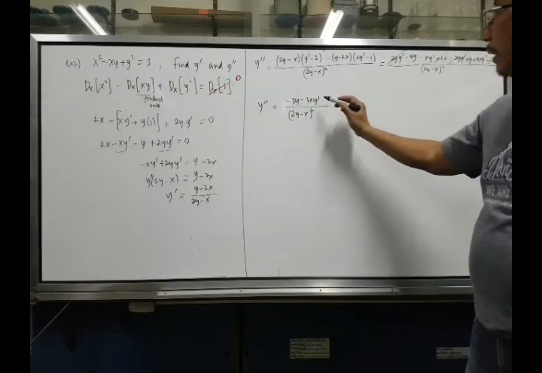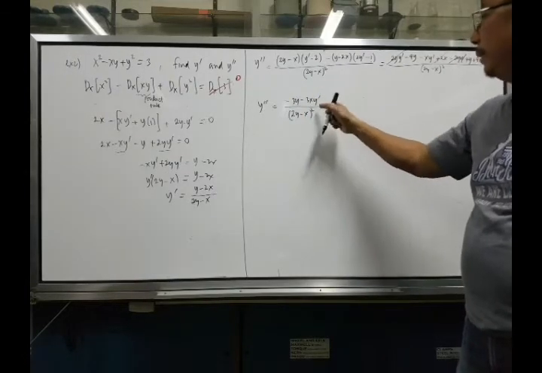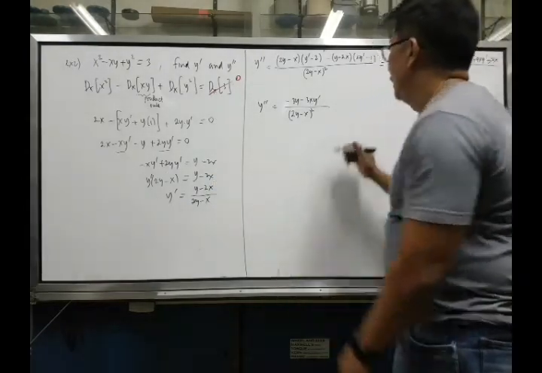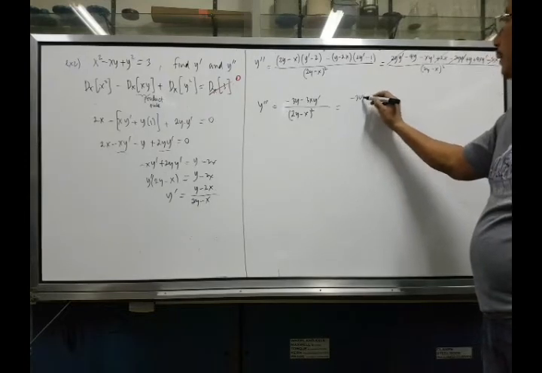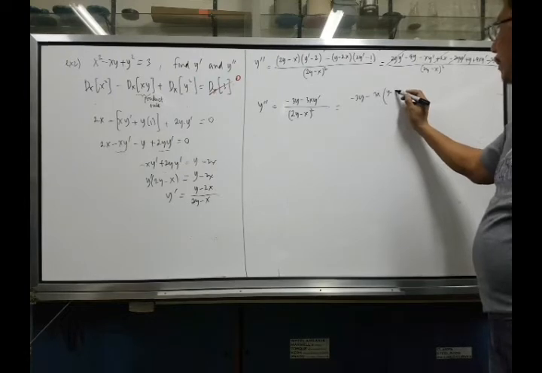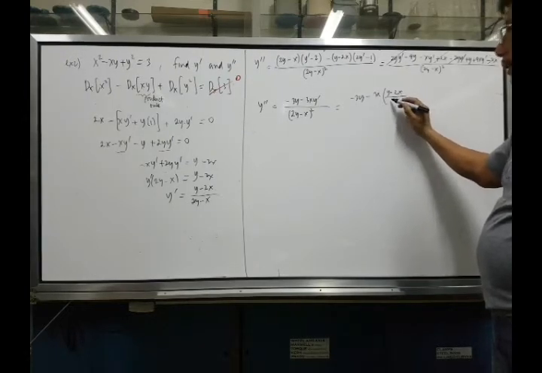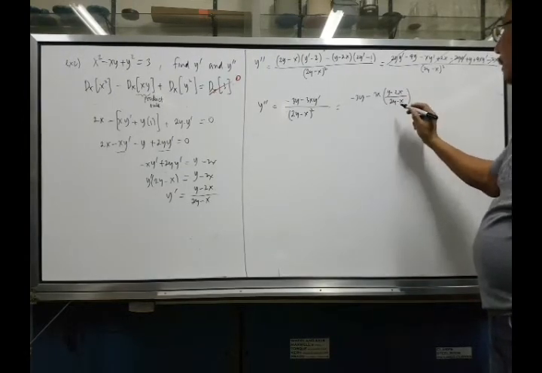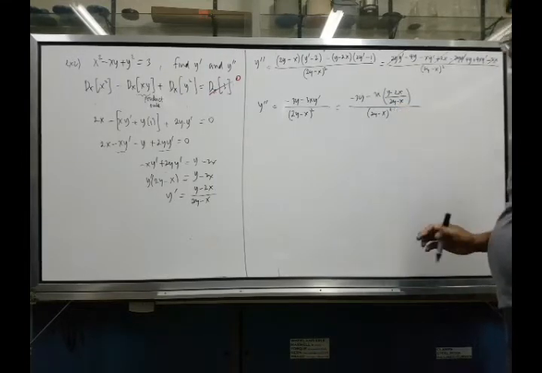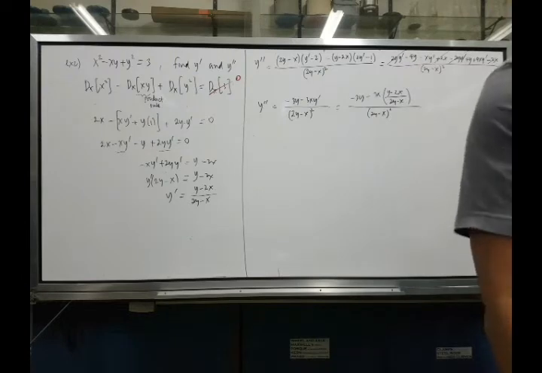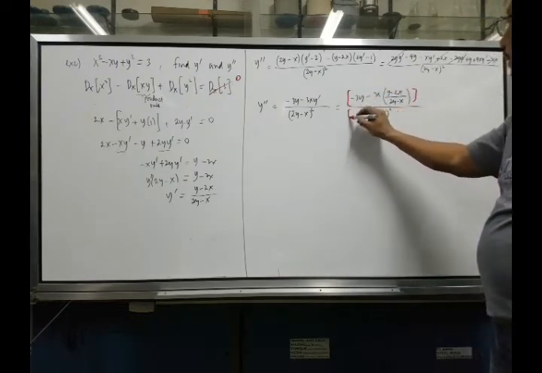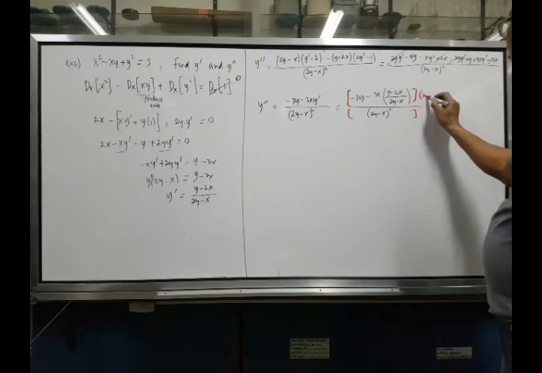So again, we don't want y' on the right, so we eliminate that y' by substituting the original value here. So this will be negative 3y minus 3x times (y minus 2x) divided by (2y minus x), all divided by (2y minus x) squared. And notice that the denominator is 2y minus x, so that's the least common denominator.